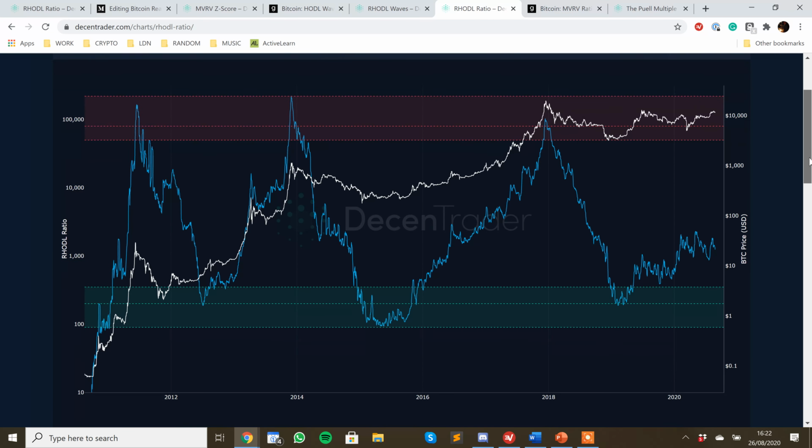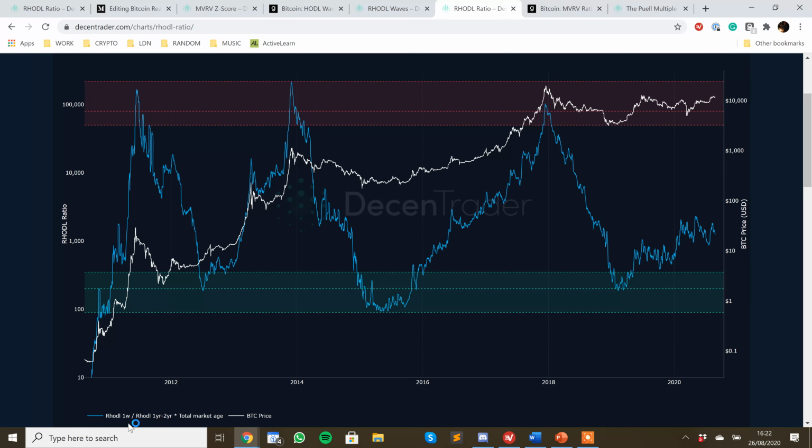So you can see it's the realized HODL waves 1 week divided by the longer term 1 to 2 years. And then I've multiplied it by the total market age to account for drift and lost coins. And so you get these really nice clean spikes. And you can see, and I've highlighted it with the red band up here, it picks out the tops of the market cycles very cleanly.